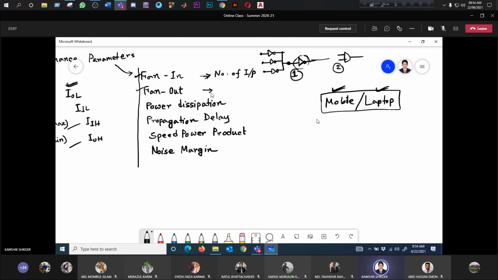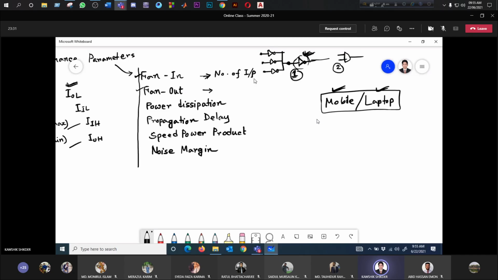So in this scenario, it can run, but it will take longer processing time. That means it's not in normal operating condition. The normal operating condition is taking only one input. Got it? That is known as the fan in.